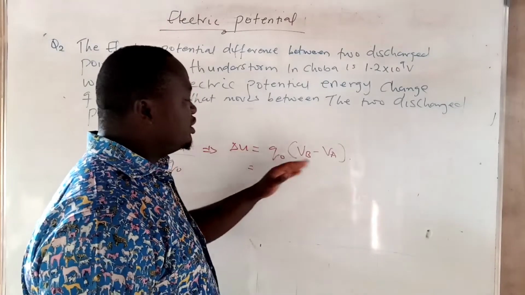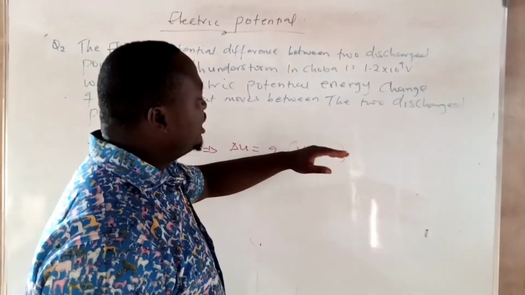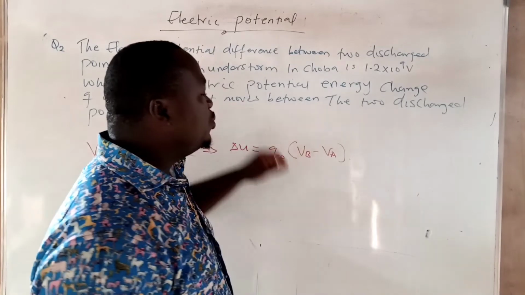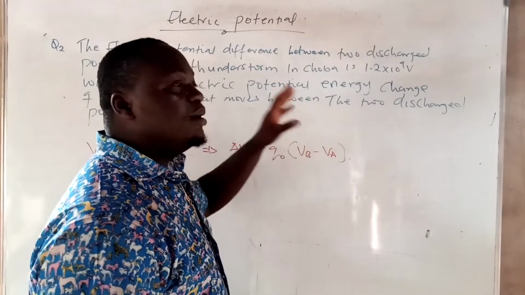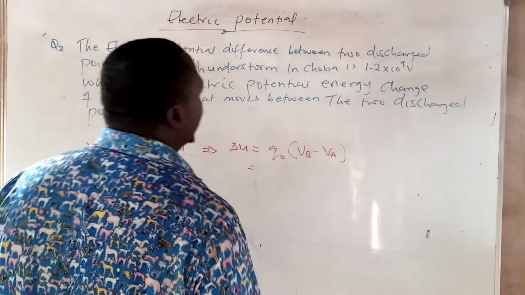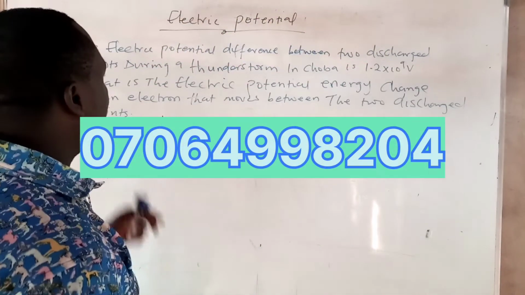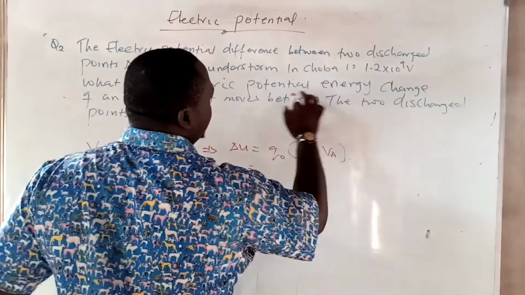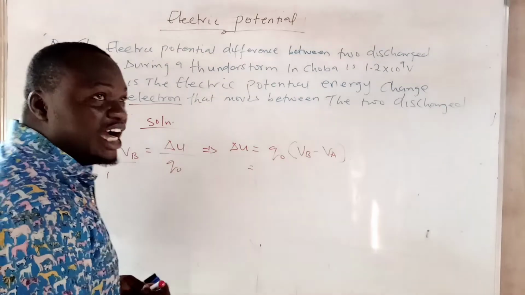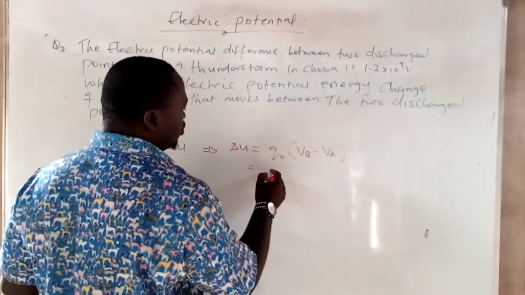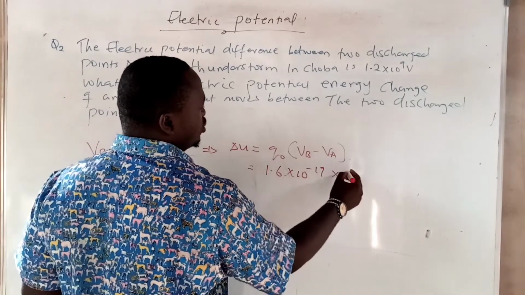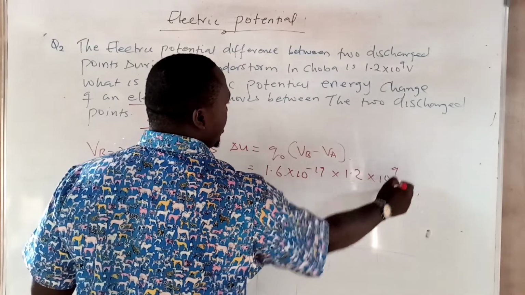Change in U equals this. In the question, they gave you the electric potential. They did not give us the charge, but it's already given because we're talking about the charge of an electron. So this will be 1.6 times 10 to the power of minus 19 times 1.2 times 10 to the power of 9.